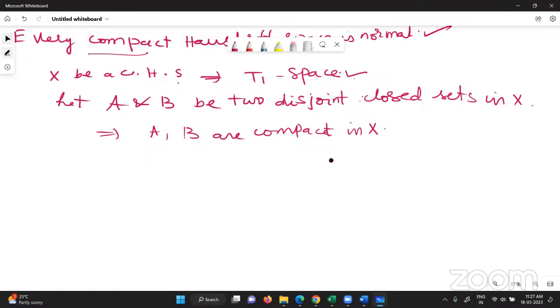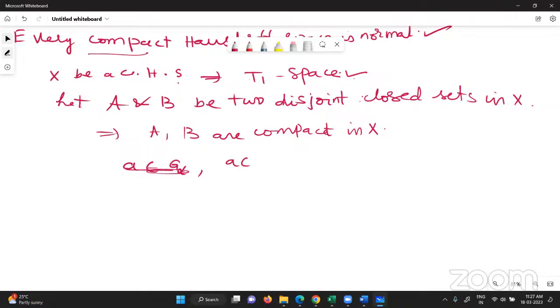Since X is a compact Hausdorff space, a point and a closed set are separated by two disjoint open sets.